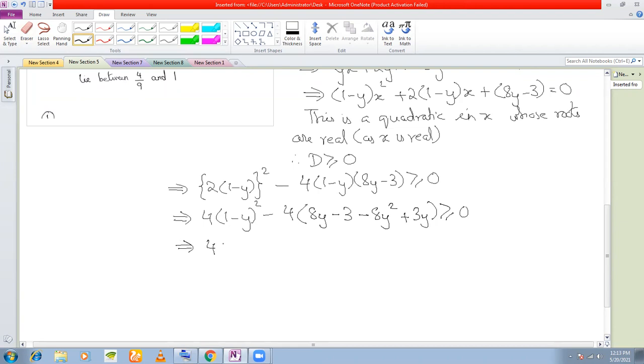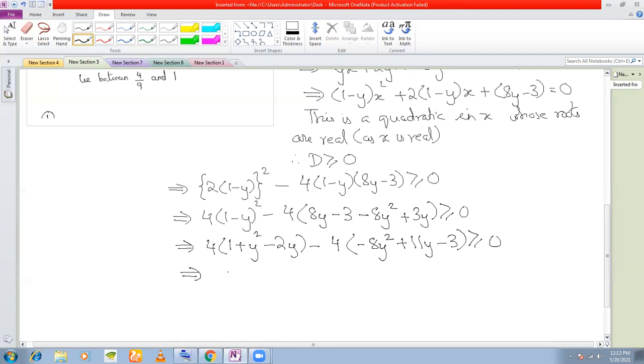That means 4. Now expand this by a minus b whole square. A square plus b square minus 2ab minus 4 times. This is minus 8y square plus 11y minus 3 greater than or equal to 0.